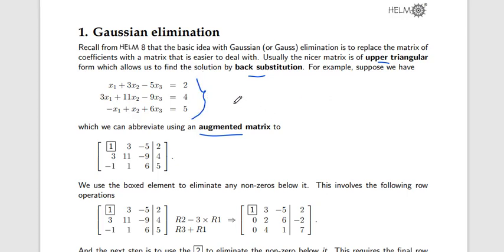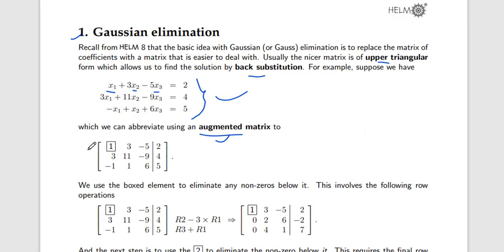First of all, there are three linear equations and three unknowns, x1, x2 and x3. We want to find the values of x1, x2 and x3 with the help of the Gaussian elimination method. So we will first transform these linear equations into an augmented matrix, like in the last lecture.